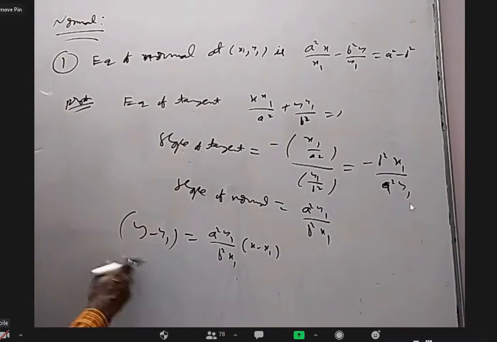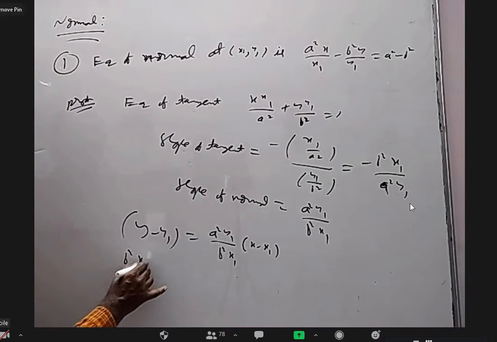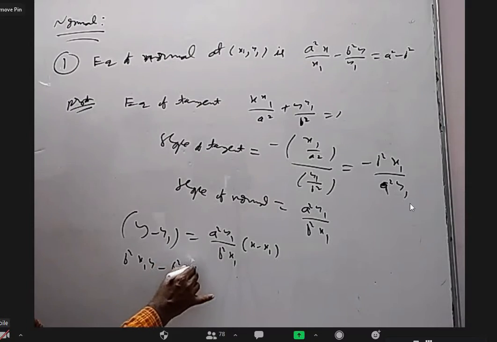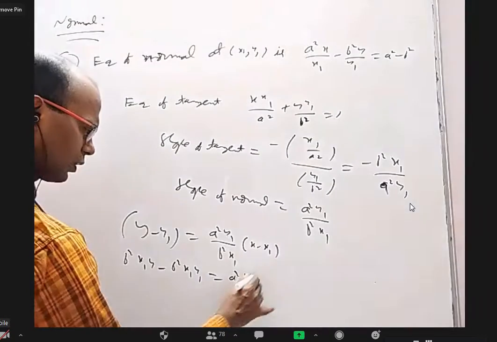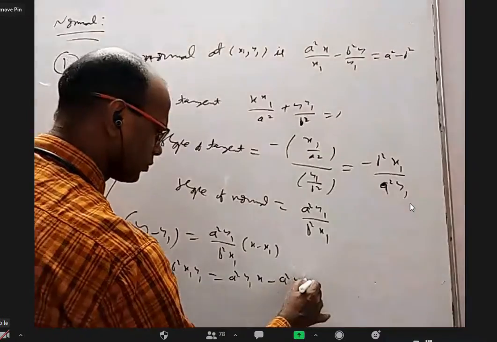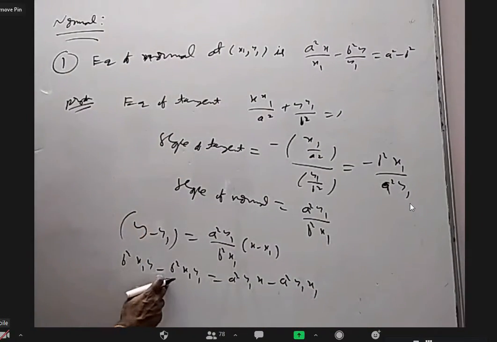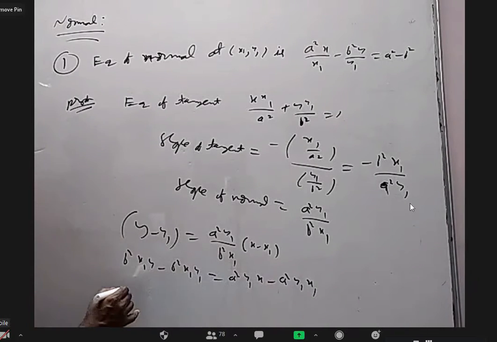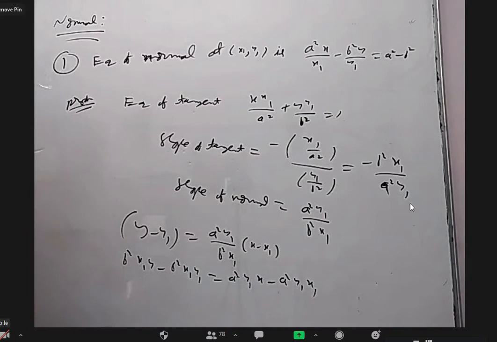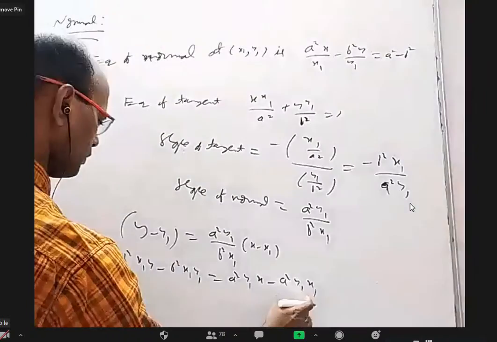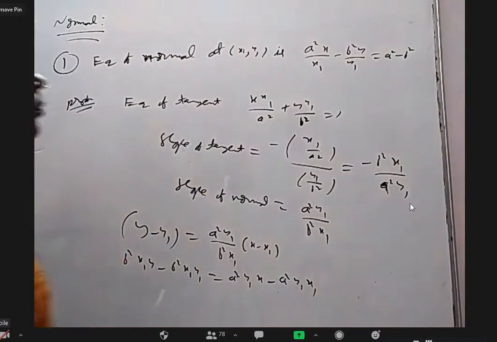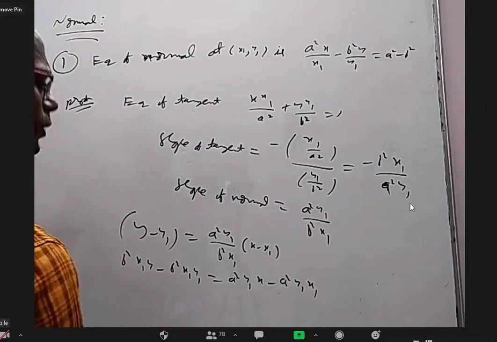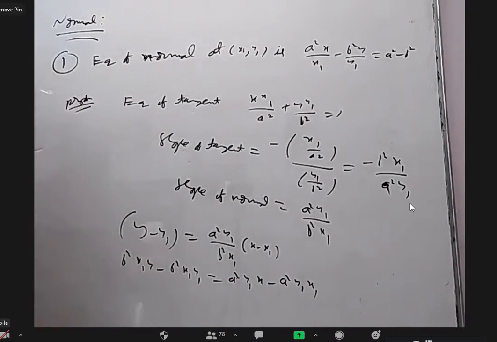Bring this one, you'll get b square x1 y minus b square x1 y1, a square y1 x minus a square y1 x1. Bring this one here, this one to the other side.